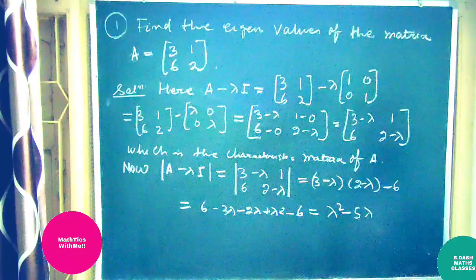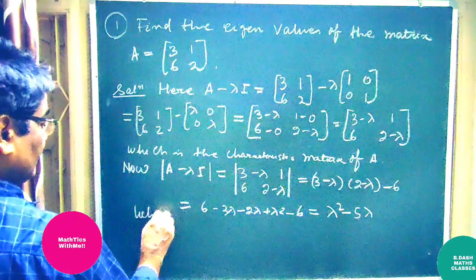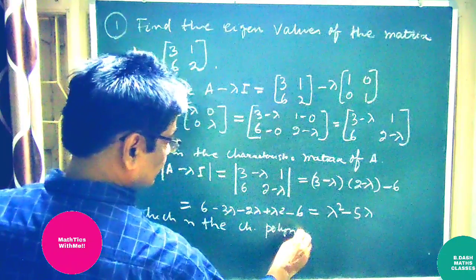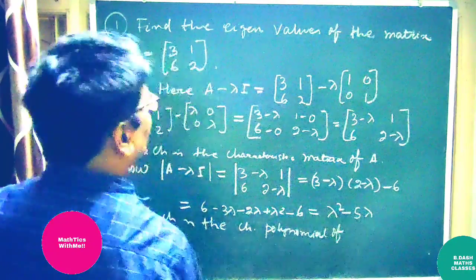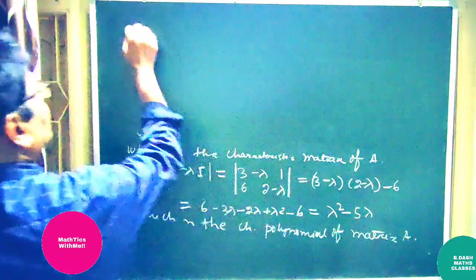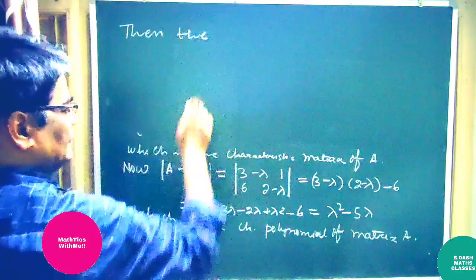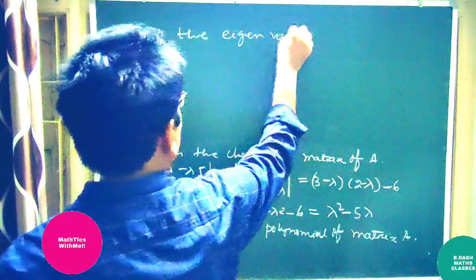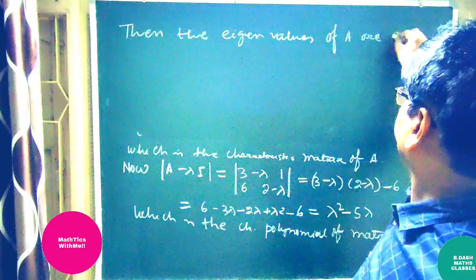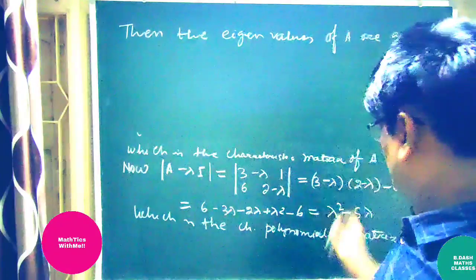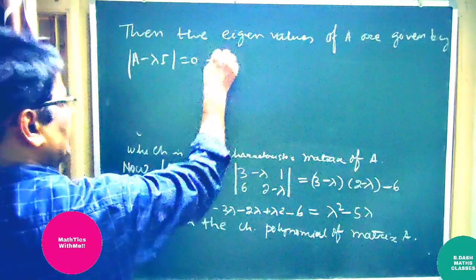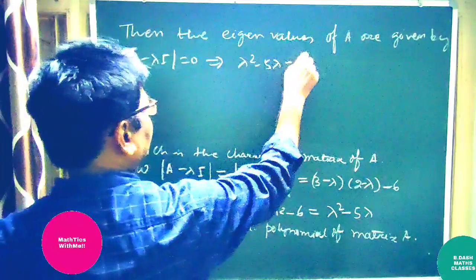So we get lambda square minus 5 lambda, which is the characteristic polynomial of matrix A. Then the eigenvalues of matrix A are given by the determinant of A minus lambda I equal to 0, meaning lambda square minus 5 lambda equals 0.